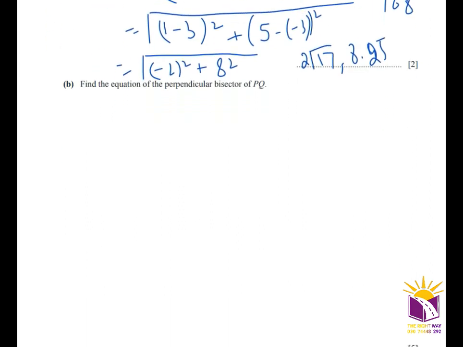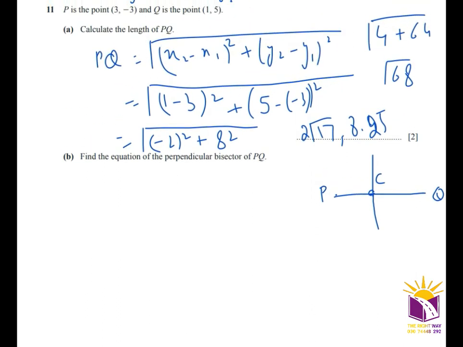Find the equation of the perpendicular bisector of PQ. What is a perpendicular bisector? A perpendicular bisector is the one which passes through the center point of PQ and is perpendicular to it. So first of all, I am going to find the center point of PQ.